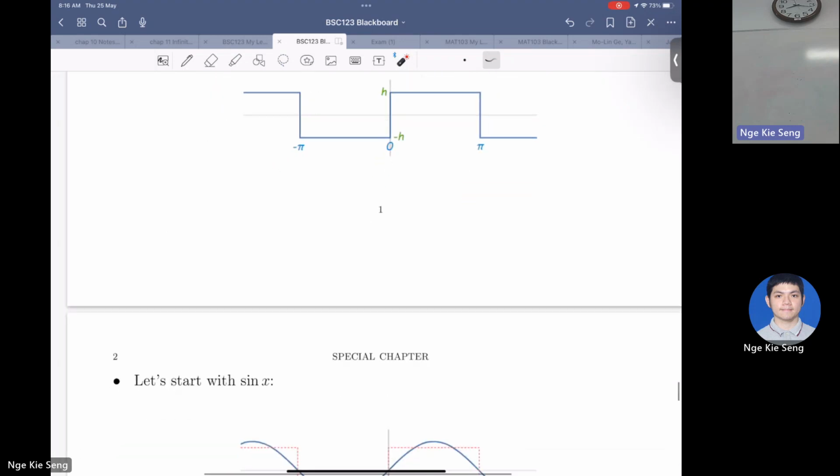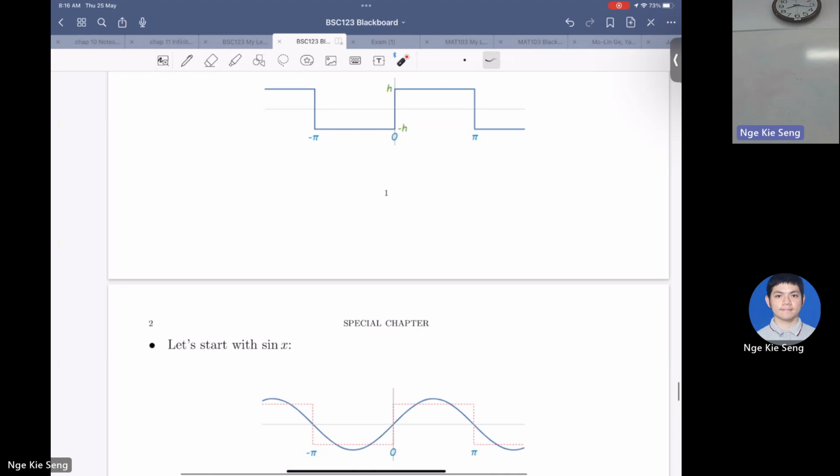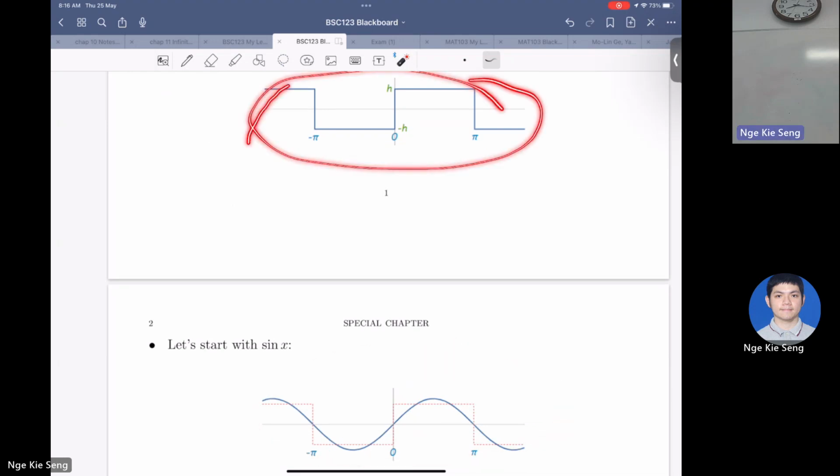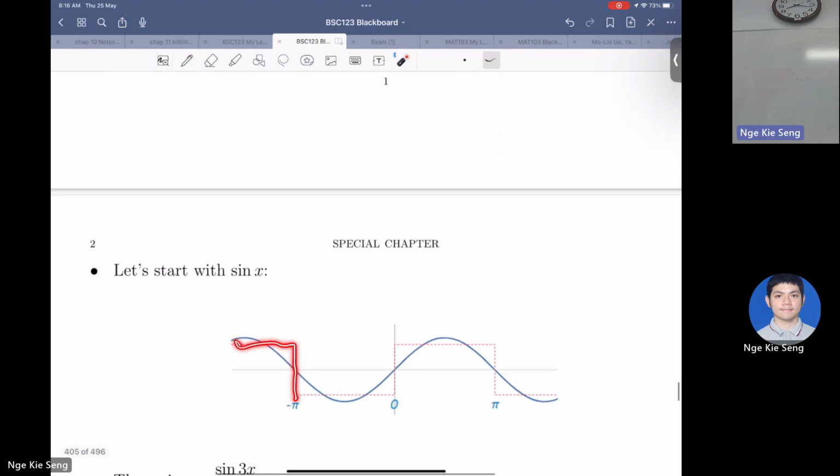Okay, so for example, we start with sine. Okay, you can see that this sine here, when it goes up and goes down, it follows this pattern, right? But you can see that there's some difference between the square wave and this sine wave. Right? There's still some difference here. Right? So we want to make this difference smaller, smaller, and smaller. Okay. So how to reduce the curve? How to increase the curve?